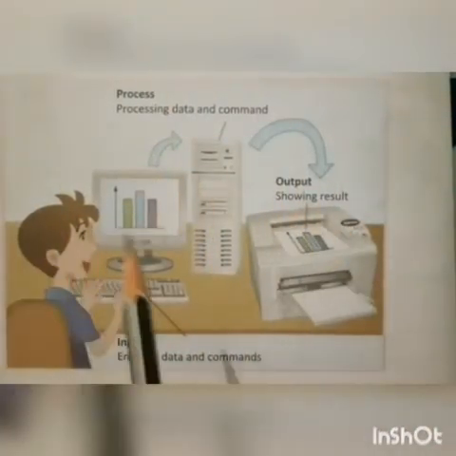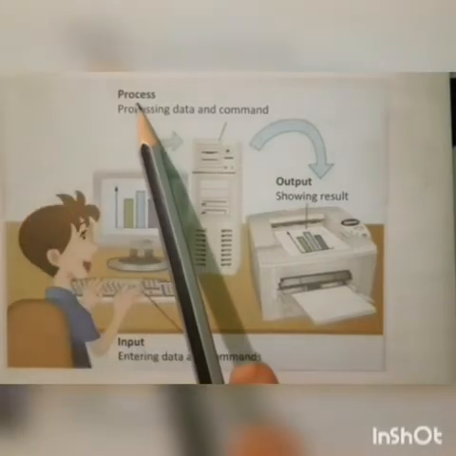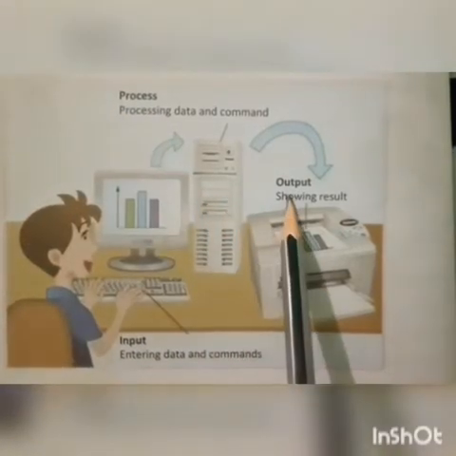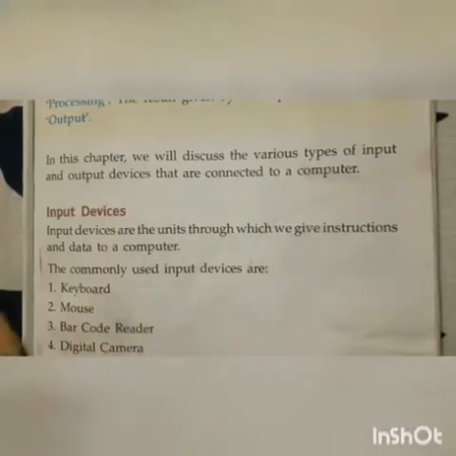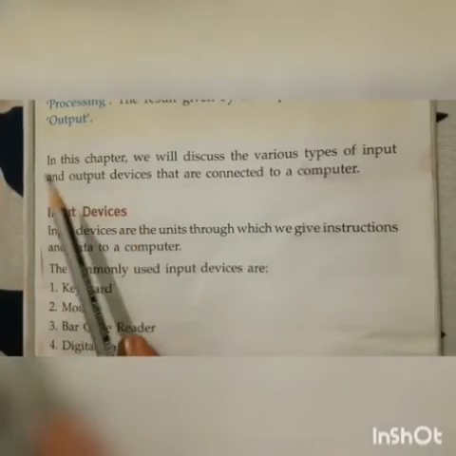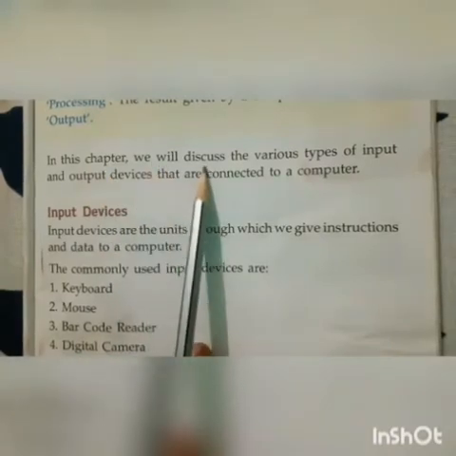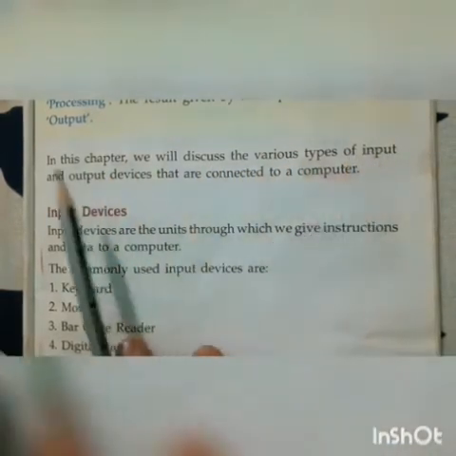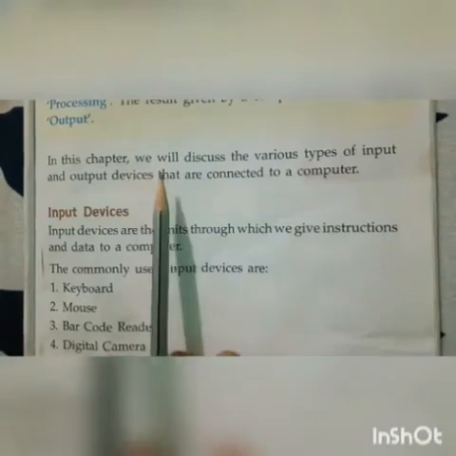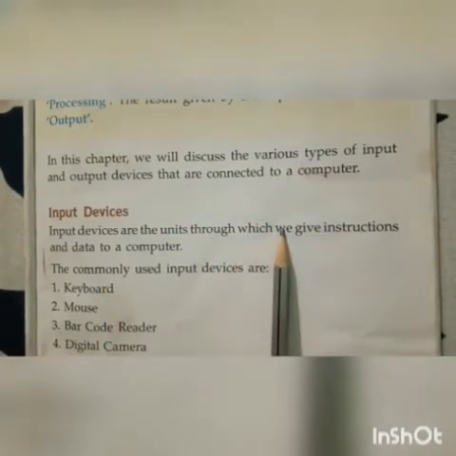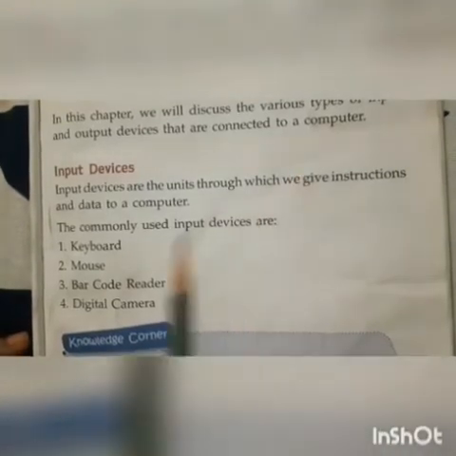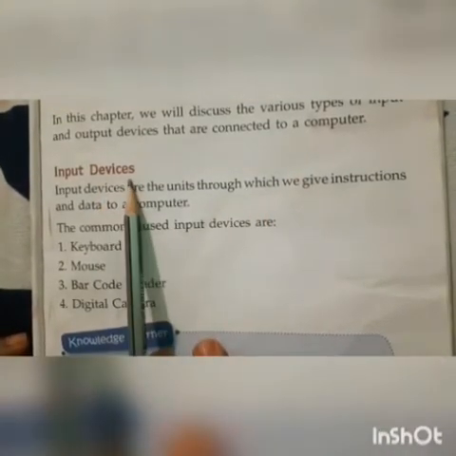I stands for input, P stands for process and O stands for output. Now children, what are we going to study in this chapter? In this chapter, we will discuss the various types of input and output devices that are connected to a computer. Now, input devices.